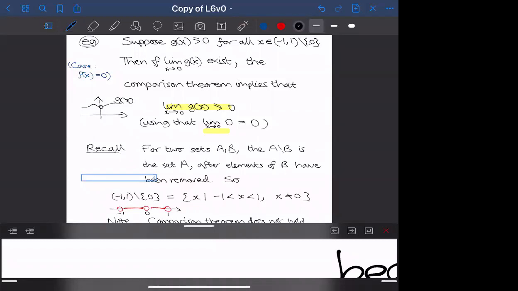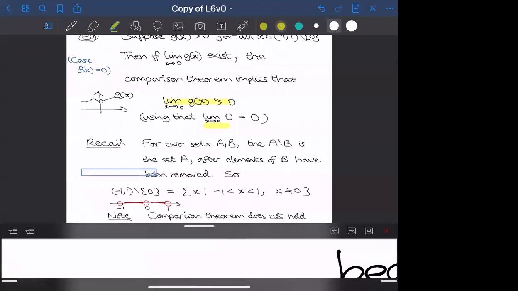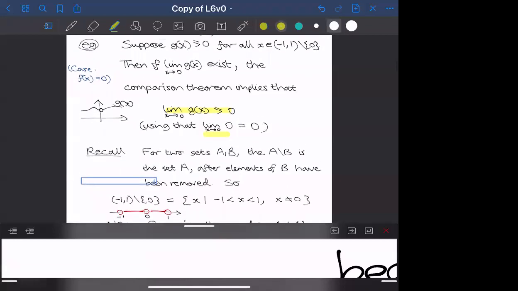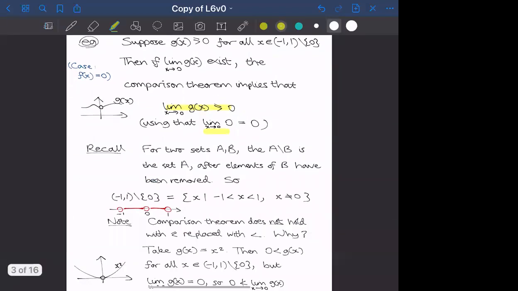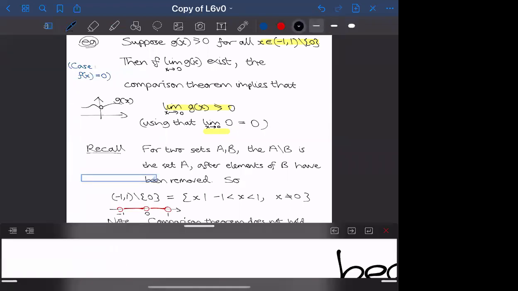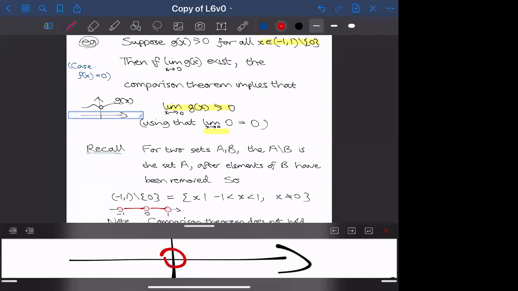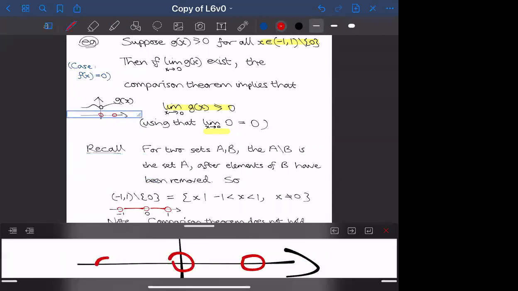So there was a question, what does this set here mean? So it's the open interval -1 to 1 with 0 removed. So I can draw it like this on the number line.